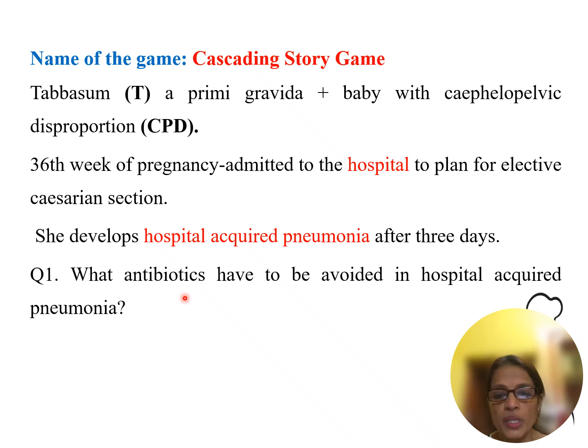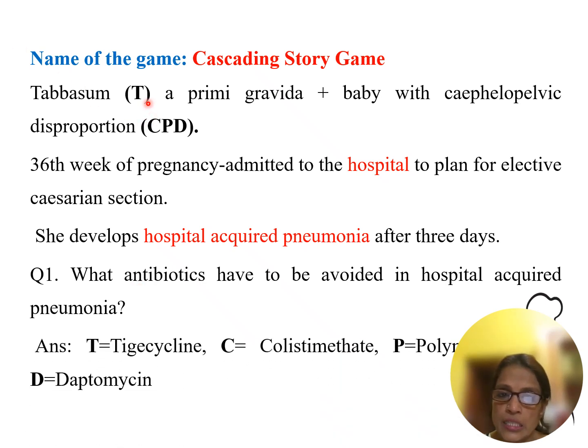Now what antibiotics have to be avoided in hospital-acquired pneumonia? Actually, this T and CPD represent the mnemonic, the first letters of the antibiotics that need to be avoided in hospital-acquired pneumonia. So T is tigecycline, which is one of the reserved antibiotics.